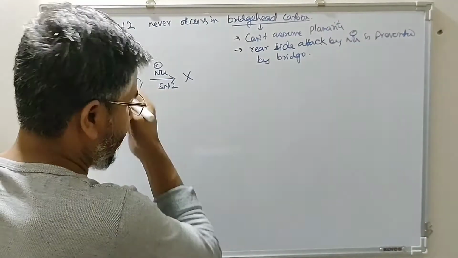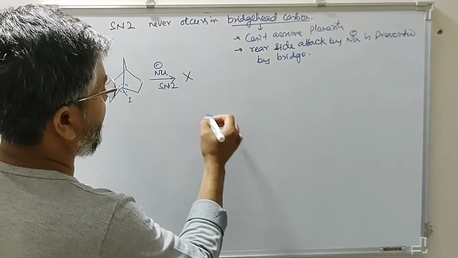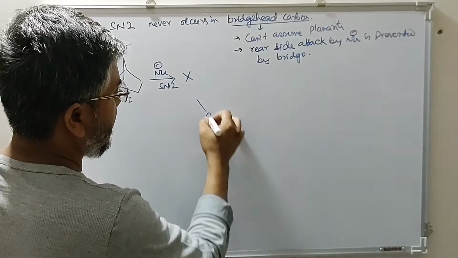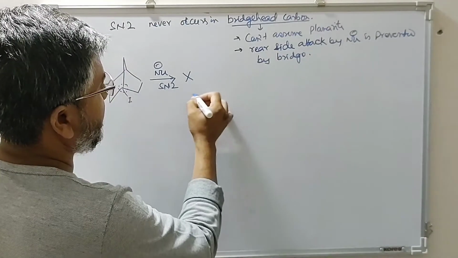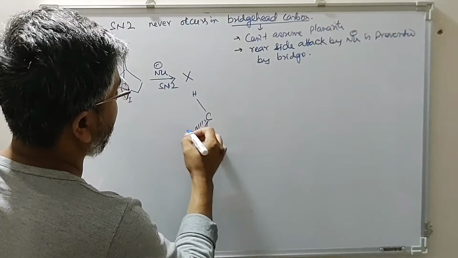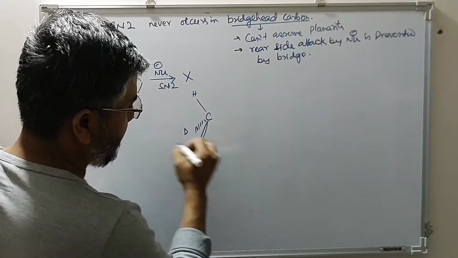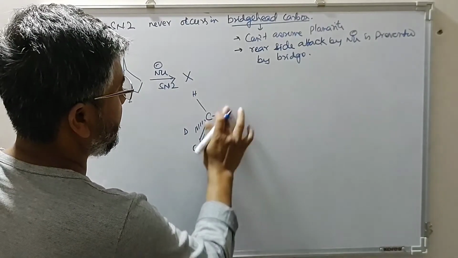So suppose look at this, we have this. Suppose we have a carbon. This carbon is attached to 4 different groups. Suppose look at this, we have hydrogen, we have deuterium, we have CH3. So we have a chiral center here.